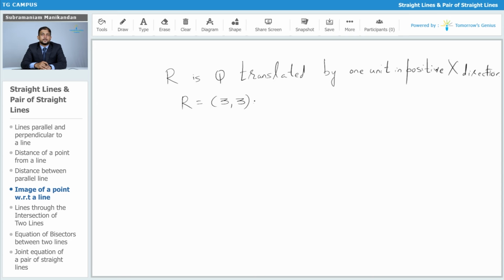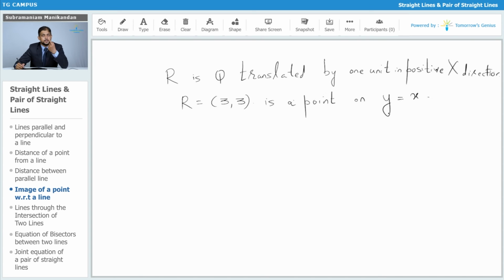And third, it is rotated by pi by 4 in the counterclockwise direction. Notice here that R is the point 3, 3. What is so special about the point 3, 3? It is going to be on the line y is equal to x. And we know that y is equal to x is a special line. Why?